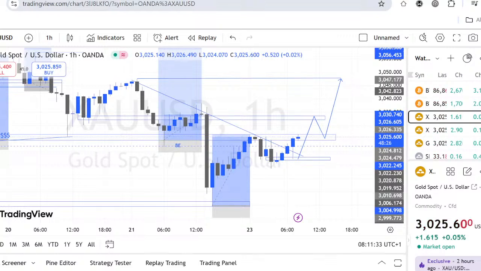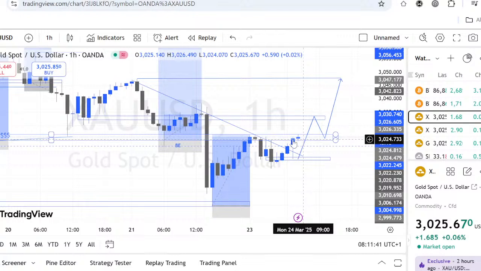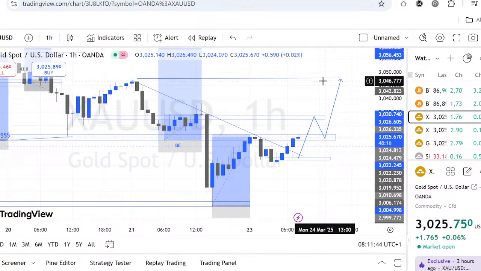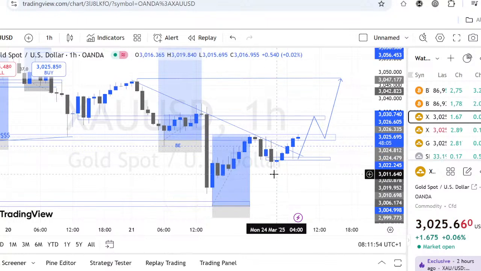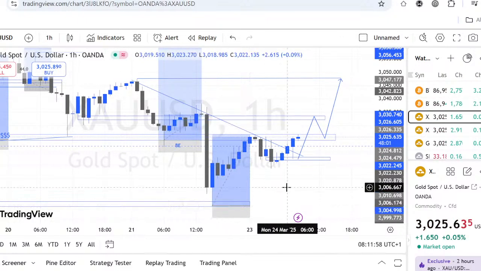I've been in a buy quite long. I've been in a buy here. Of course, this is my full take profit, but I extended my full take profit to somewhere here because this is an FVG here. I extended it to somewhere 30, 40, 30, 37. Okay, so this is it, and we are watching.